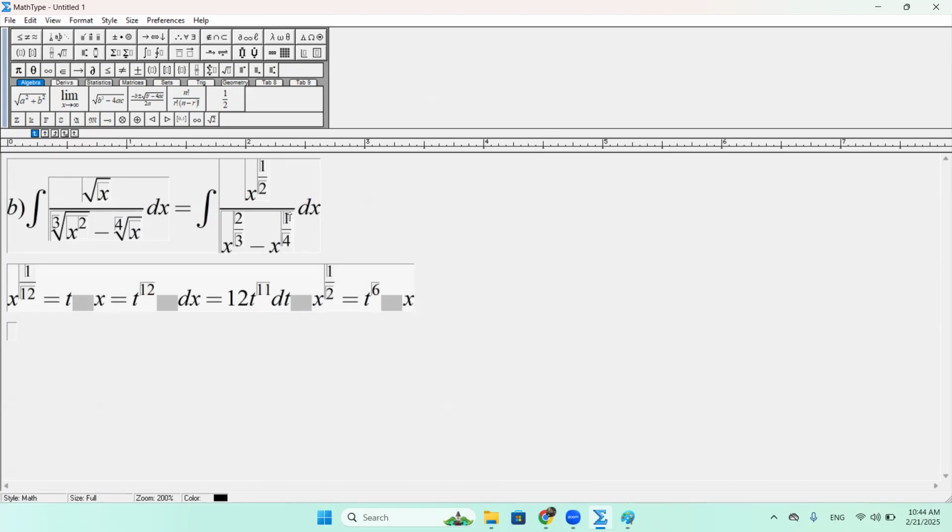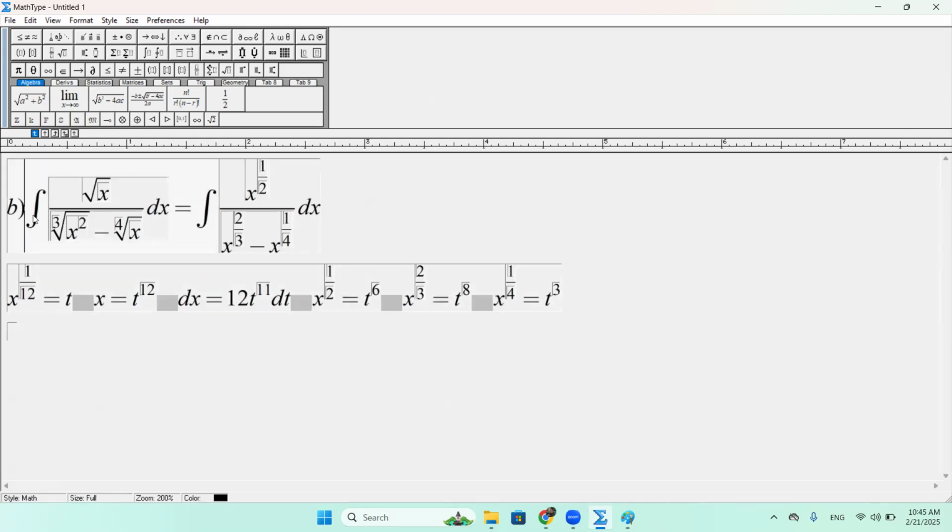So x in power of 2 over 3 equals, just a moment, t in power of 8, and x in power of 1 over 4 equals t cube. So it seems that everything is done.